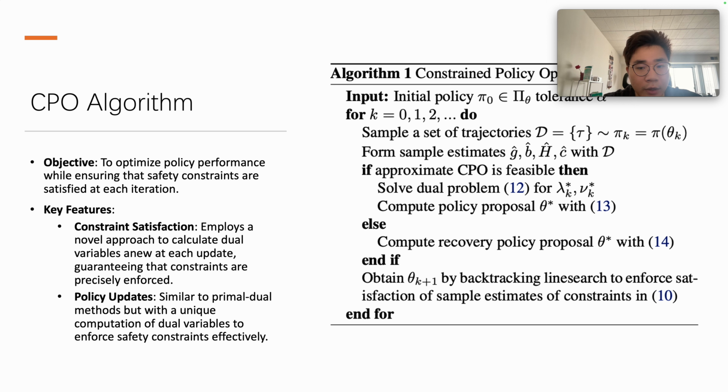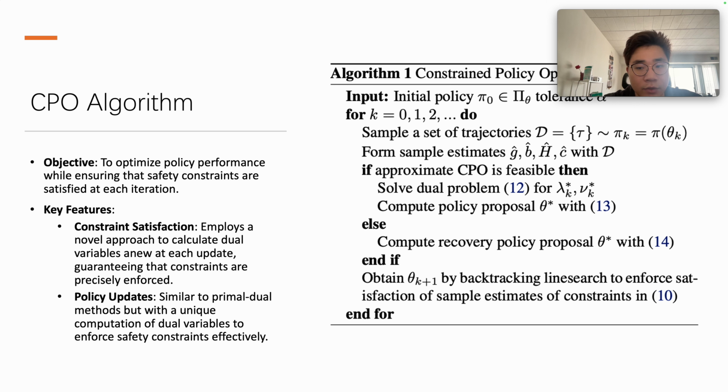After that, it jumps into the dual problem solver. If the approximate CPO problem is feasible, it solves a dual problem to obtain optimal Lagrange multipliers for the constraints, and later computes a new policy based on the solution to the dual problem.